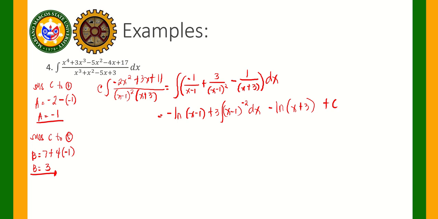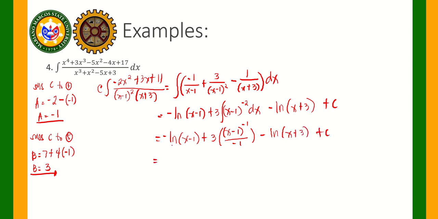Tapos si plus c natin. So this will be equal to negative ln of x minus 1, and then plus 3 times x minus 1 raised to negative 1 over negative 1 minus ln of x plus 3 plus c.